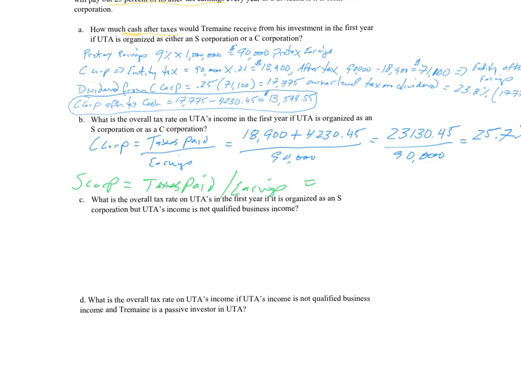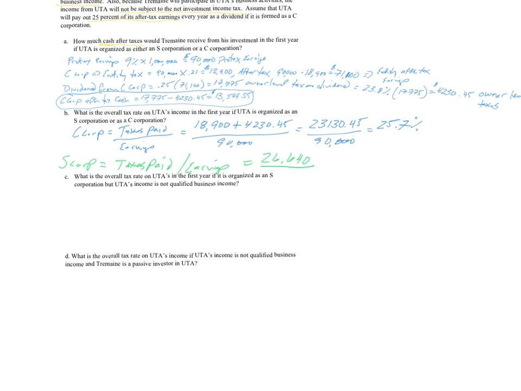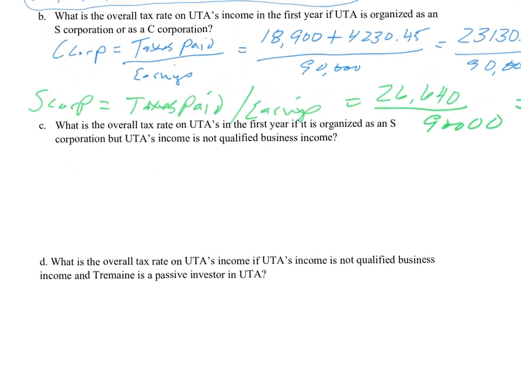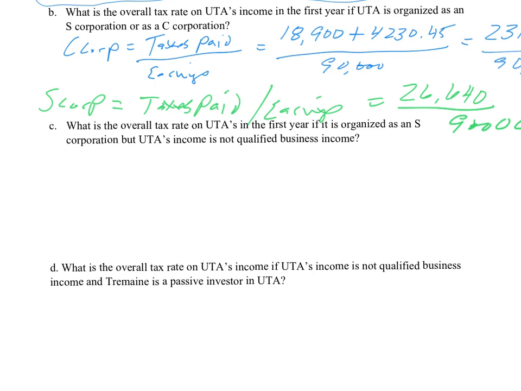We had owner level taxes, right? Over our same amount of earnings. All right, so that's part B.